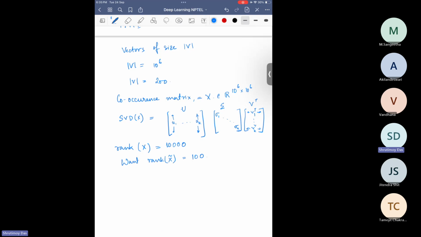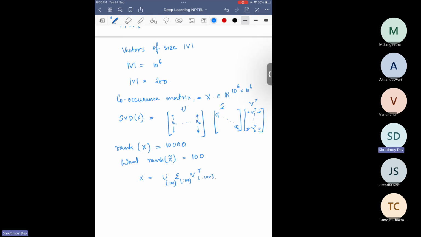So what I will do is that for X I will have U sigma V transpose, and I will just take the first 100 columns of U. I will take the first 100 singular values, and I'll take the first 100 rows of V transpose.